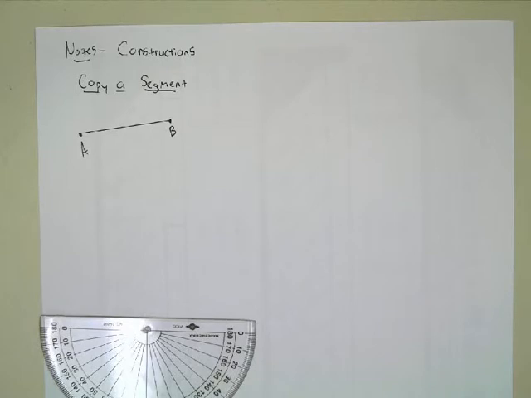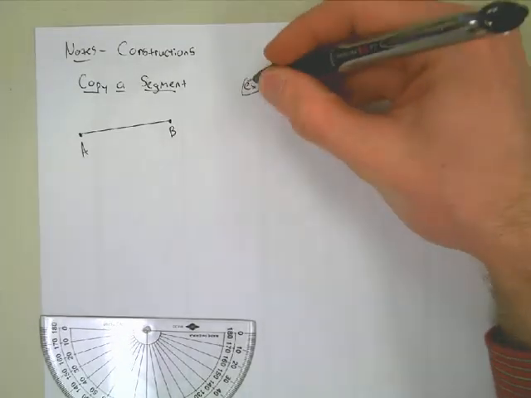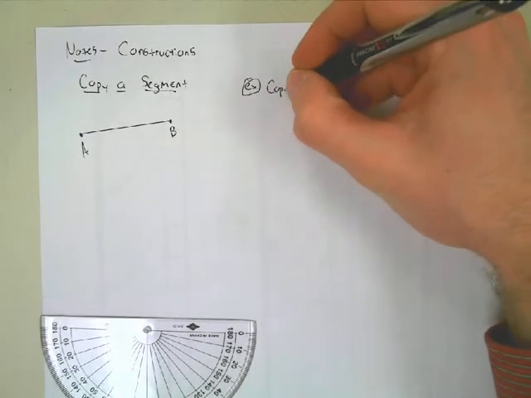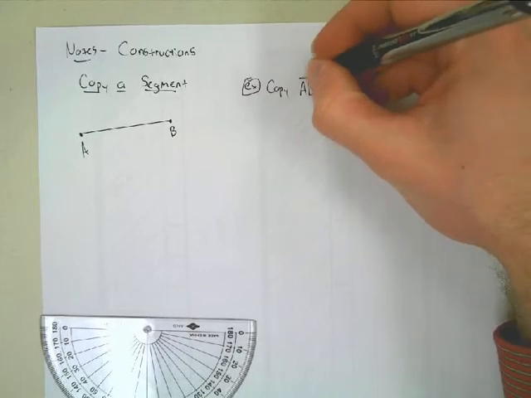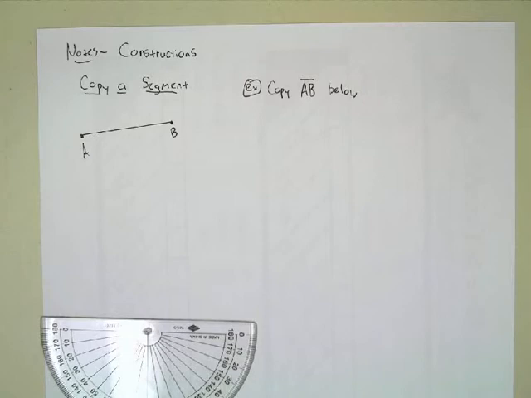We're just going to draw a segment AB. Okay, and then as an example here, we're going to copy segment AB below.